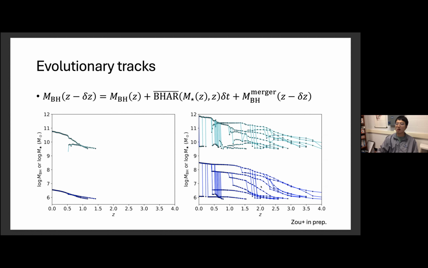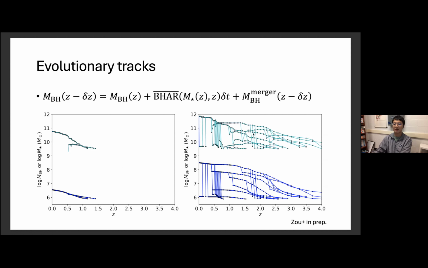We do that for all the simulated galaxies in the TNG simulation, and in this way we can obtain the expected supermassive black hole population at different redshifts. Here I'm just showing two examples, one less massive and one more massive, and you can see that the more massive one clearly undergoes many more mergers.